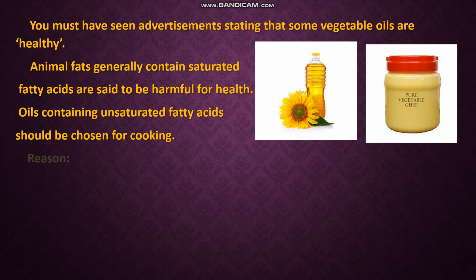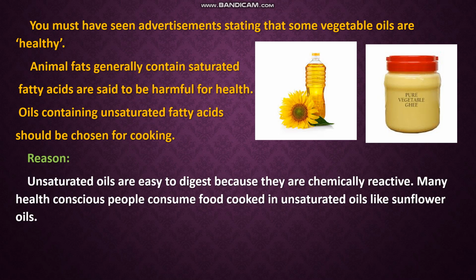Unsaturated oils are easy to digest because they are chemically reactive. Many health conscious people consume food cooked in unsaturated oils like sunflower oil. As they are unsaturated, they are more reactive, and that's the reason they easily get digested. That's why we have to use unsaturated oils like sunflower oil for cooking.